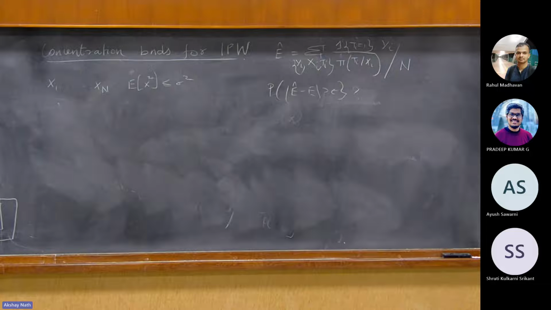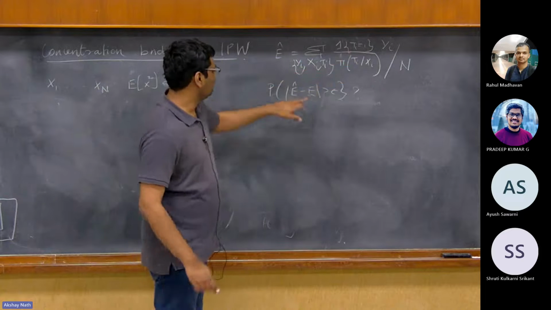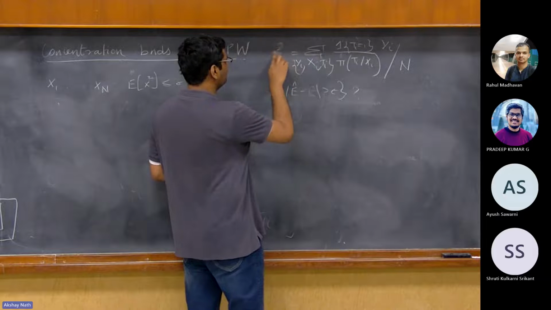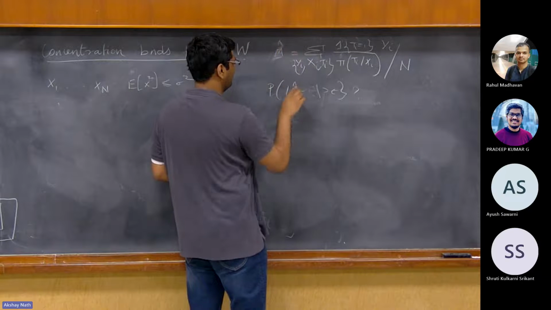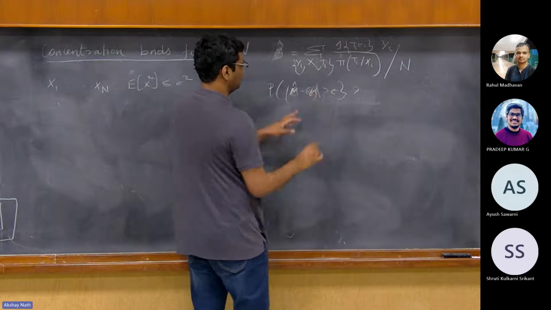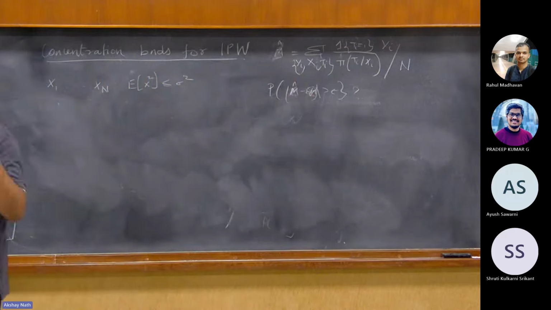Yes, assuming pi is perfectly known. I only care about the expected value of the estimate, whatever that expectation is. I'm just going to derive the concentration. I'm not going to worry about it.